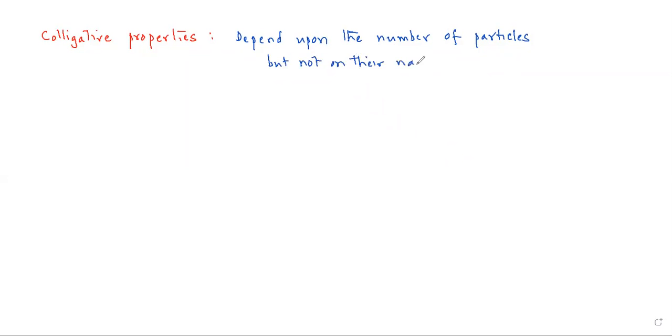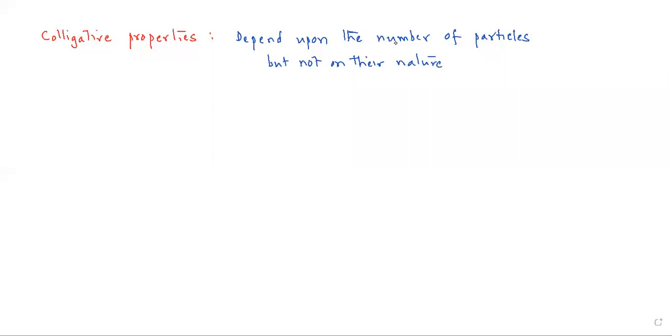Colligative properties. First of all, what are colligative properties? These are the properties which depend upon the number of particles, but not on their nature.